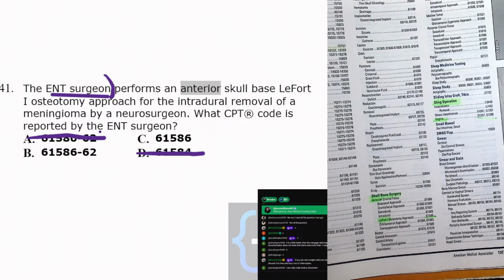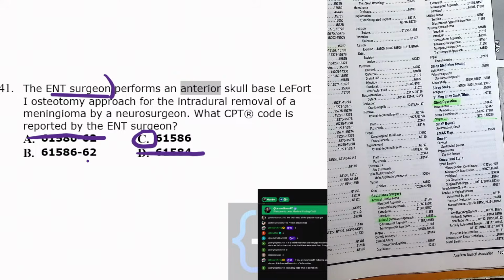Be careful. Sometimes they'll mention 2 providers during your CPC exam question, but one provider will actually be opening up the skull, right? Doing the burr holes. And then the other doctor will be doing stuff with the nerves or putting a stimulator in, something like that. It's 2 physicians, yes, on the same patient, but they're both doing their own individual surgery.